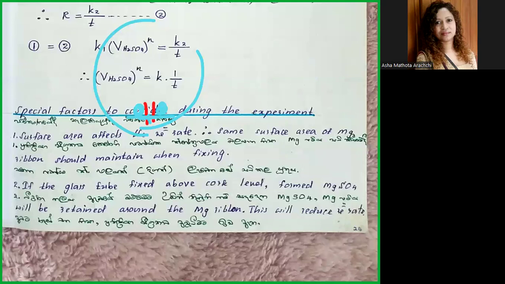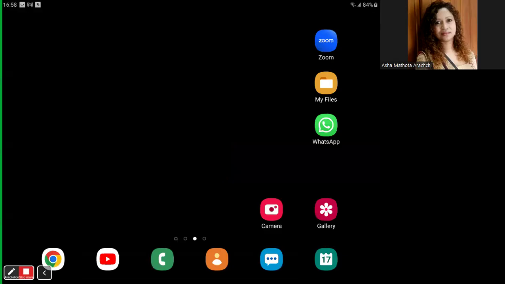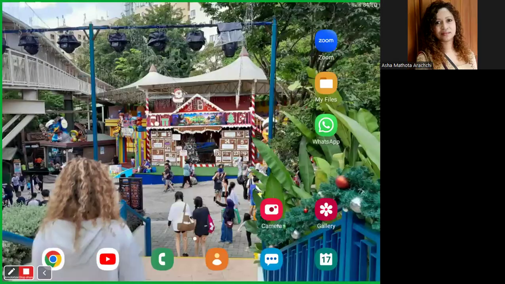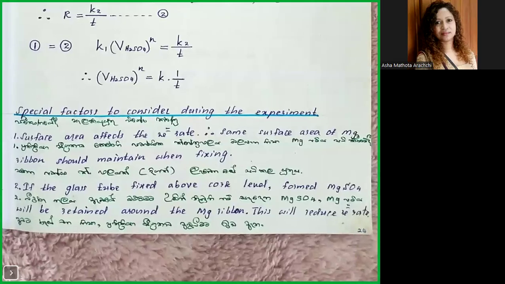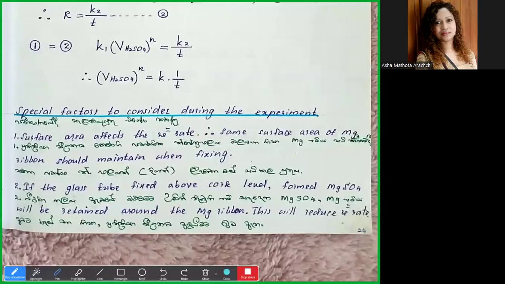Special factors to consider during the experiment. Number one, surface area affects the reaction rate.